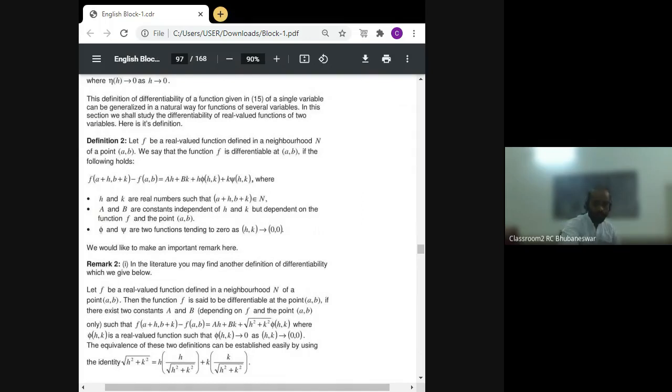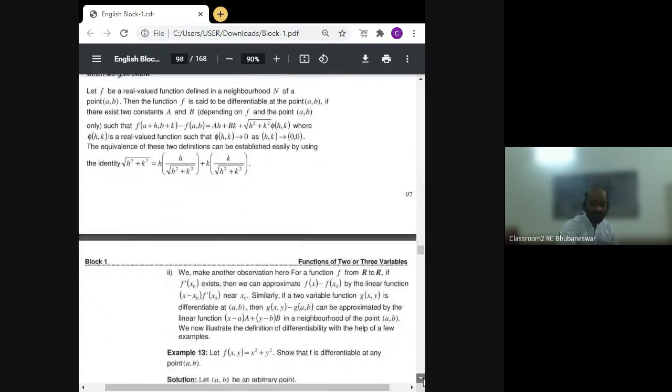And finally, the two functions phi and psi tend to 0 when (h,k) approaches 0. When (h,k) approaches 0, these functions automatically tend to 0. That means if a function is differentiable, then its differential value will be Ah plus Bk when (h,k) approaches 0. The same has been discussed in the following example.